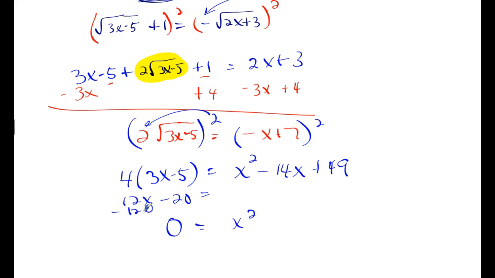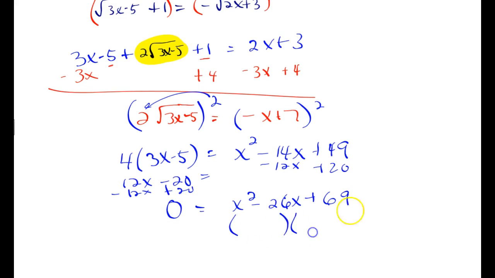Subtracting off 12x gives me 26x, and then adding 20 gives me a 69. I'll try to factor. Factors of 69 are 3 and 23, which works because that adds up to 26.